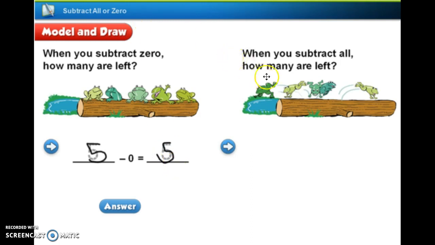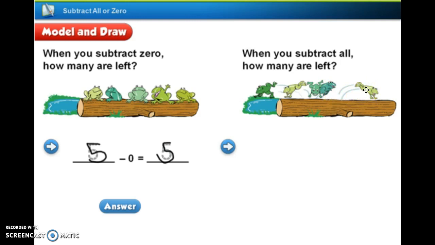All right. When you subtract all, how many are left? Look at your picture. How many frogs did we start with? Let's count them. 1, 2, 3, 4, 5. We started with 5 frogs.